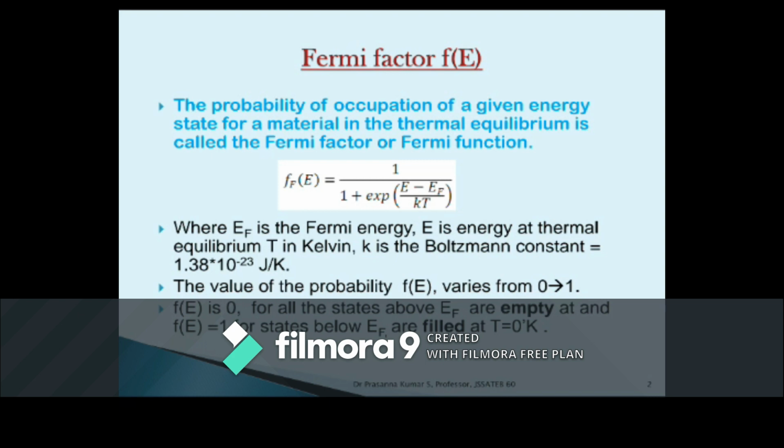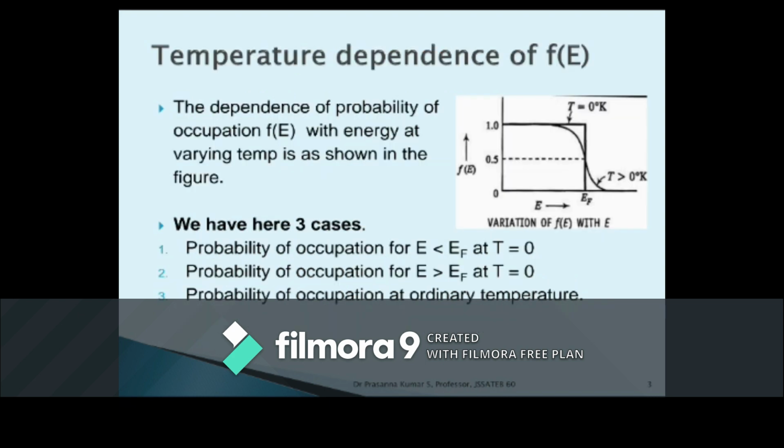And if the probability happens to be 1, then that particular state has been occupied, or it is called the filled state. In practice, you cannot expect it to be exactly 0 or exactly 1, so the probability is anywhere between 0 and 1.